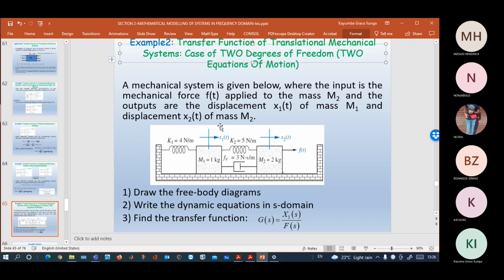We have this mass here. We are only considering the forces acting on this mass. So this is the force that we are considering, and this force is acting only on this mass. But when we take this spring here, there is not only the force coming from x1, there is also the force coming from the displacement x2.